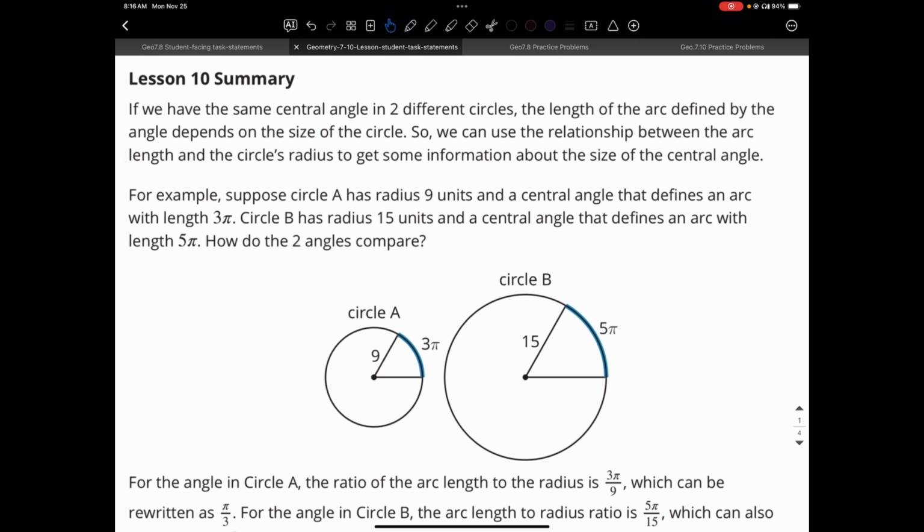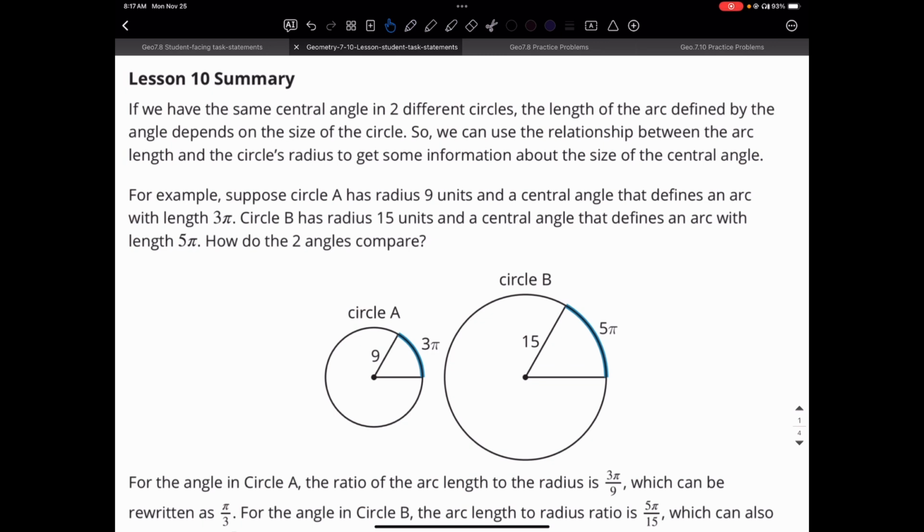For example, suppose circle A has a radius of 9 units and a central angle that defines an arc with a length of 3 pi. Circle B has a radius of 15 units and a central angle that defines an arc length of 5 pi. How do the two angles compare?